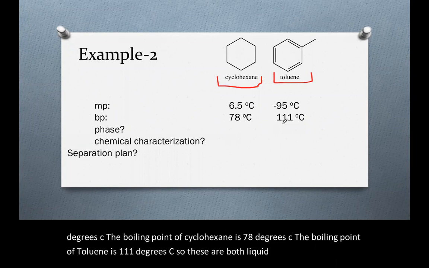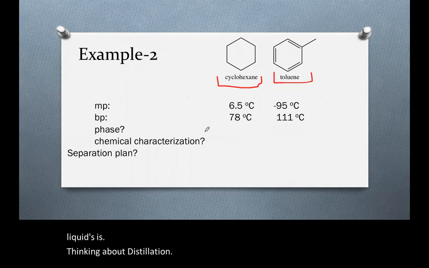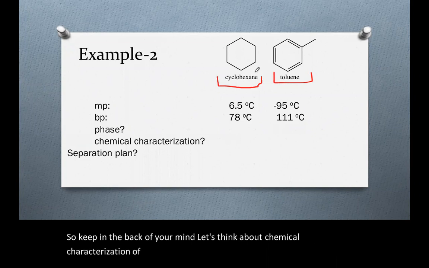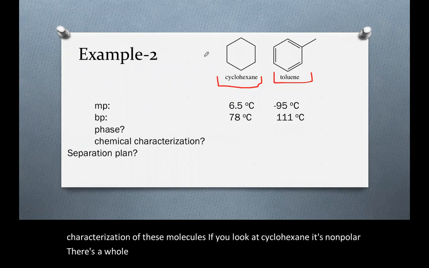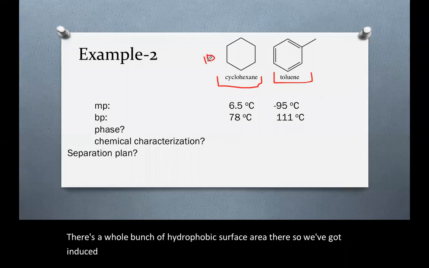And so the one technique that you probably really want to think about when you have two liquids is distillation. Okay, so keep that in the back of your mind. Let's think about chemical characterization of these molecules. If we look at cyclohexane, it's nonpolar. There's a whole bunch of hydrophobic surface area there. So we've got induced dipole interactions for cyclohexane.